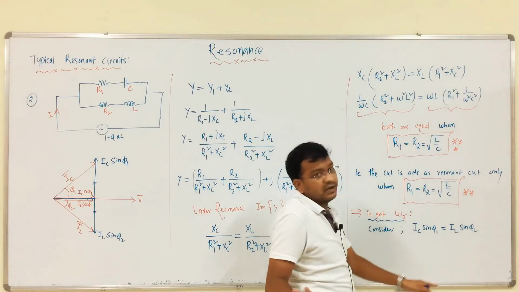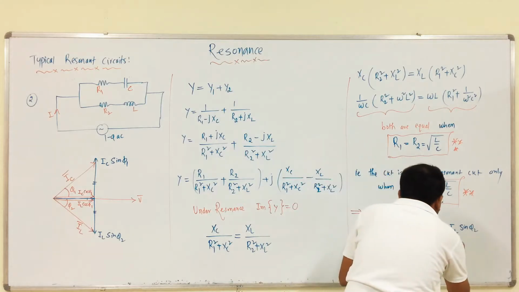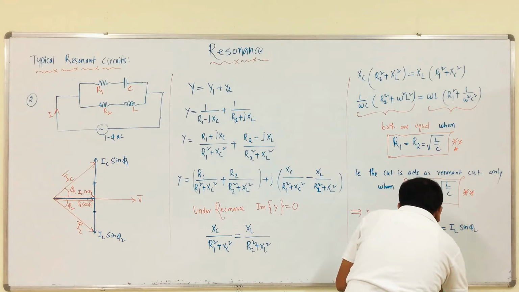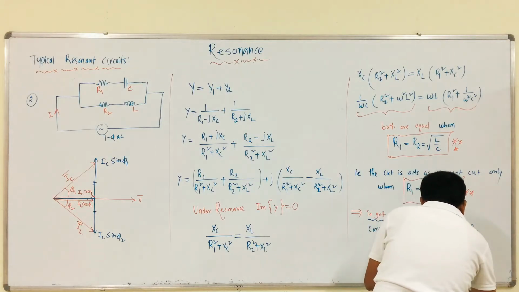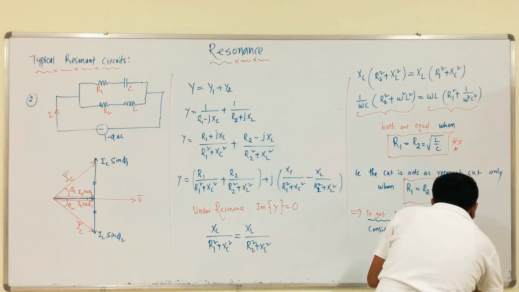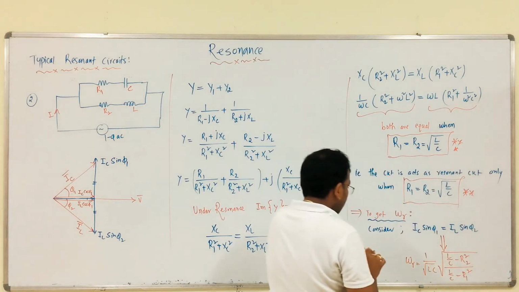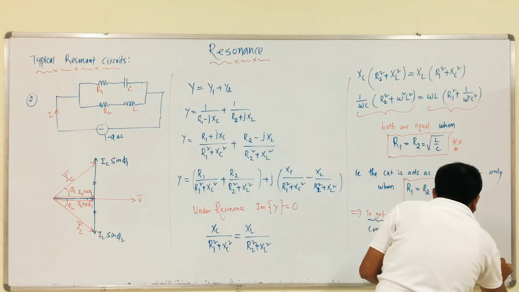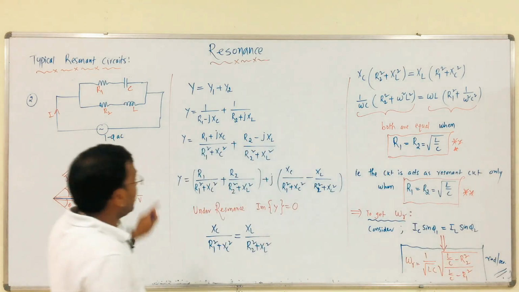This is your homework. Okay. From this we can get the resonant frequency as 1 by square root of LC into square root of (L by C minus R2 square) by (L by C minus R1 square). This is the resonant frequency formula for this resonant circuit. That is it.